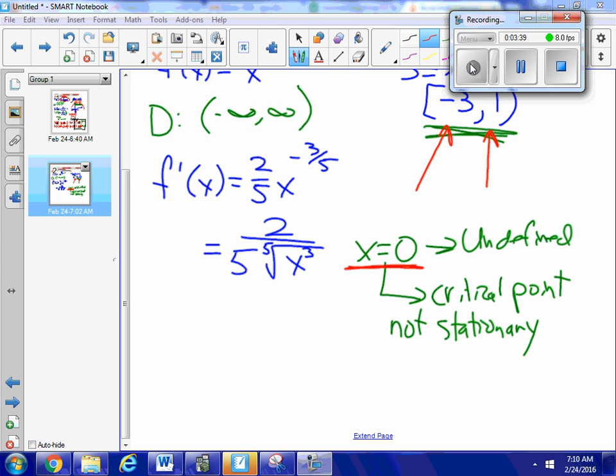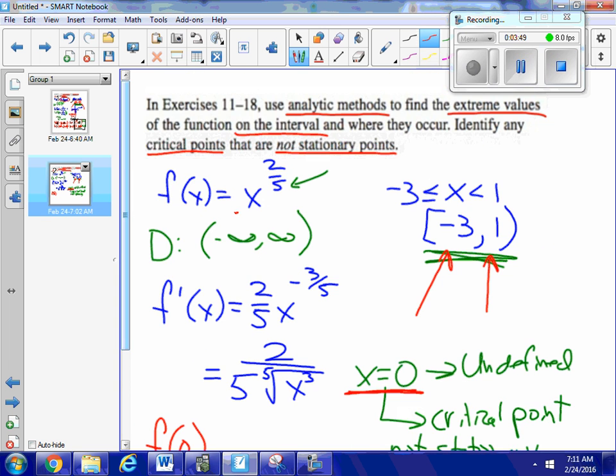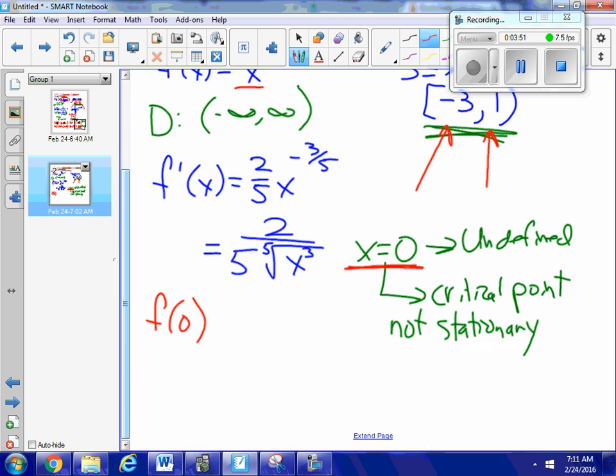So let's evaluate them. Let's first look at f of 0. I plug 0 in right here, that's going to be 0. So f of 0 equals 0. f of -3 equals, let's plug it into the function, -3 to the 2/5. -3 squared is 9, so it's going to be the 5th root of 9.